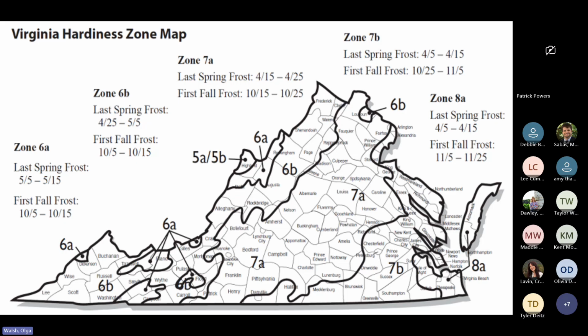It's pointing out the last spring frost to be sometime the second or third week of April, and then the first fall frost is October 15 to 25. And you can see it varies quite a bit from location to location. So this indicates the average last spring frost and the first killing frost date for each of those hardiness zones.